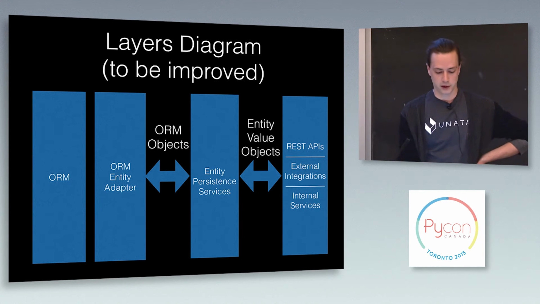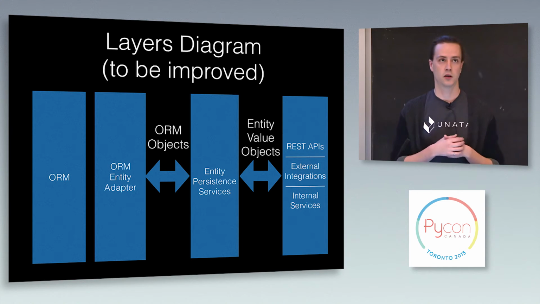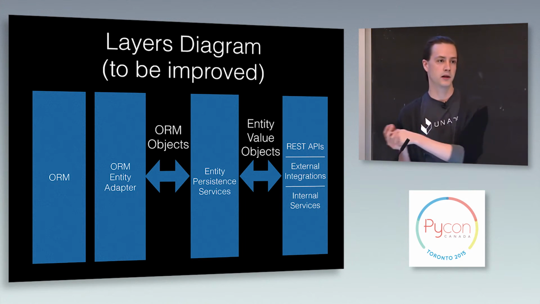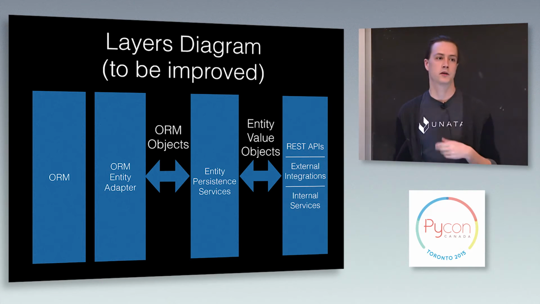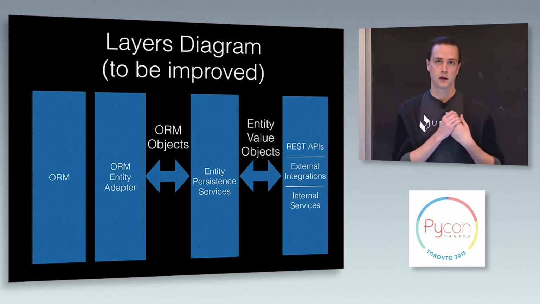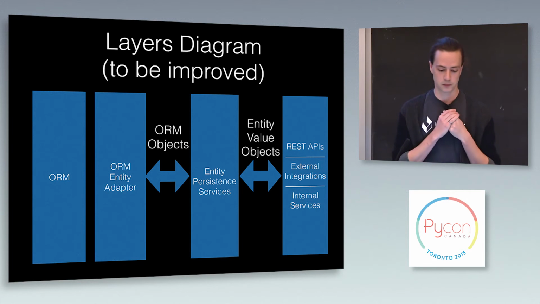We put a persistence layer in between that and the ORM that has well-defined services. So no longer should we be able to bring SQLAlchemy into our view controllers and just go wild and do whatever we want. We should be upfront about our design. We should think about it, and we should make purposeful services that interact with these entities and the ORM on its behalf.